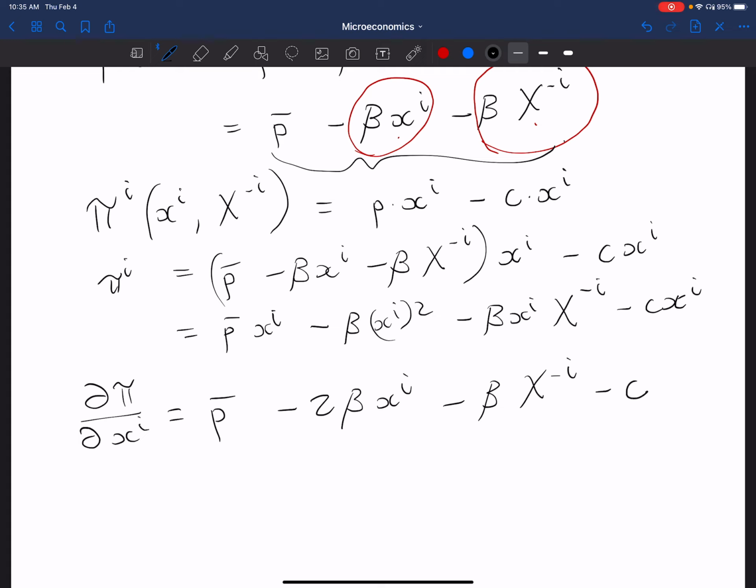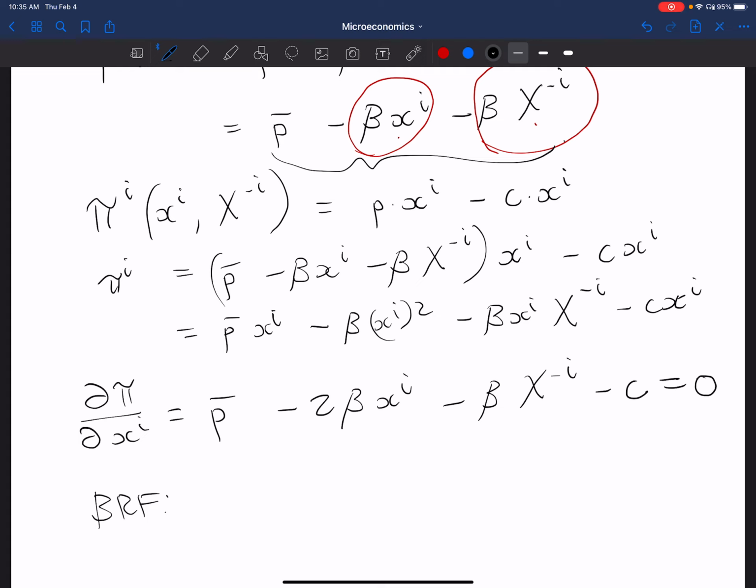This is going to be equal to 0 when we impose our first order condition. So when we impose that first order condition, we can find the best response function for firm I.